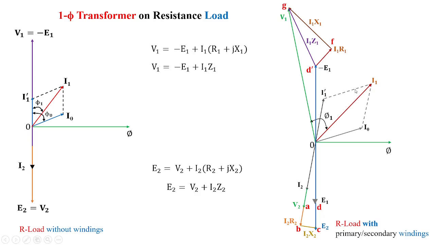So the angle between I1 and V1 is phi 1. This we have already seen from the actual diagram also. You can see here you have phi 1, which is between I1 and V1. So that is the change of this actual phasor diagram from the previous phasor diagram. In another illustration, you can see I have taken the load component of the power factor and treated it as phi 2 dash.